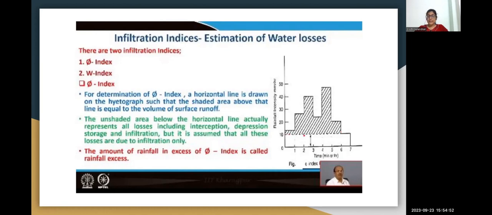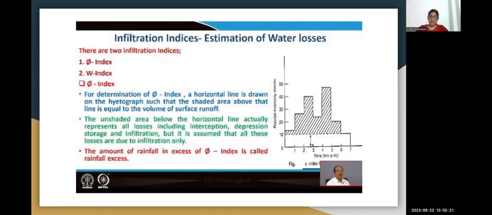All of the rainfall that is occurring above this is considered as runoff, and all of it that is occurring below is considered as water that is gone as a result of infiltration. So if you have the phi index and the hyetograph rainfall values, the duration, etc., we will be able to understand how much water is going as a loss.